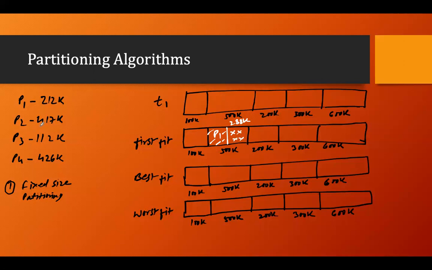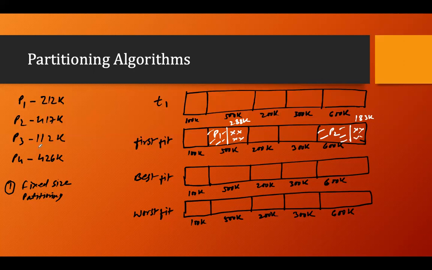Now the next one is 417, where can we fit the 417? Definitely we can put it here in 600. So here we have P2. From the 600, we are putting 417, and the leftover is 183 KB. This is also of no use.